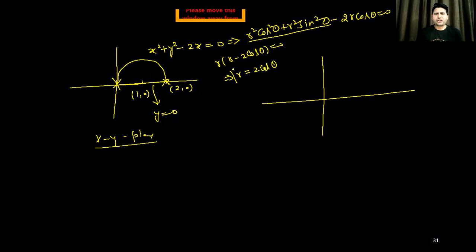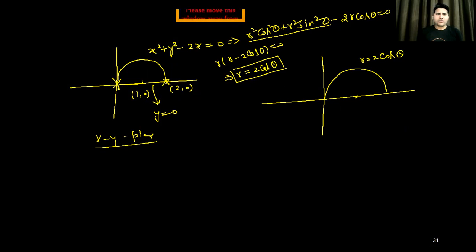That is the equation of the circle from xy coordinates, which is x square plus y square minus 2x equal to 0, converted to r equals 2 cos theta. This is what it looks like, and its name is r equals 2 cos theta.